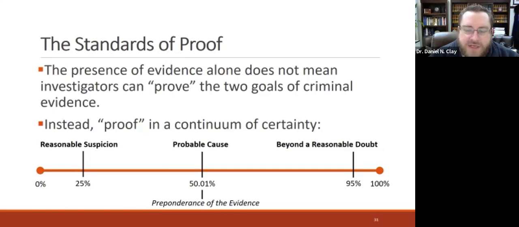So if you have an articulable, in good faith reason that you don't believe that something occurred, right? That the defendant didn't do it, that this is not a pen, then you have to find the defendant not guilty in a criminal proceeding, right? So we have to prove just to that 95% mark.